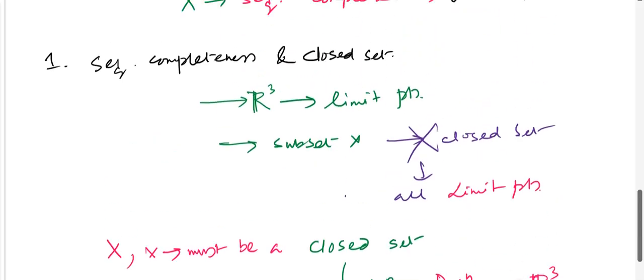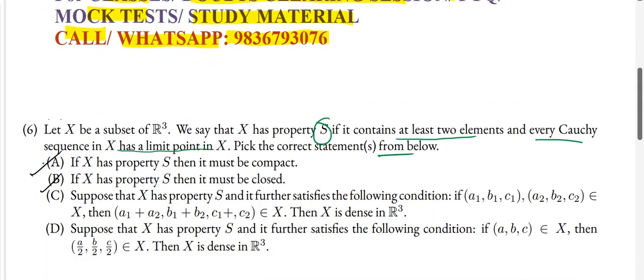First we check option A, for compactness. Compact sets in R cube are closed and bounded, whereas property S does not guarantee boundedness, so compactness is not necessarily implied by property S. Thus A is false.